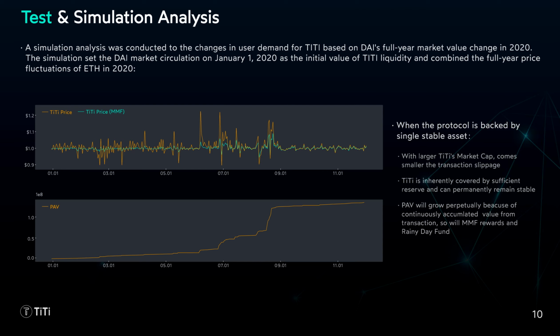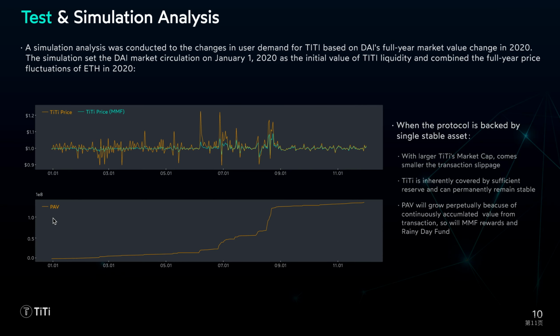See figure 1, the yellow curve. It turns out that MMF can effectively reduce the slippage. With the issuance of TiTi, because of full reserve, the primary market depth will be enlarged, the user slippage will become smaller and smaller, and the TiTi system will be more stable.